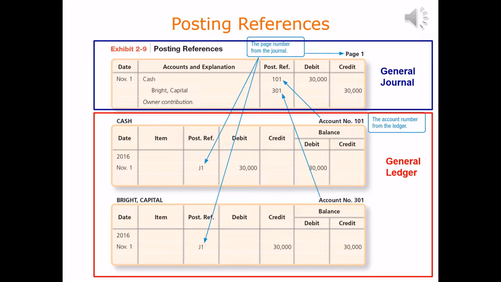We post the reference in our General Ledger Bright Capital account of J1, that is our journal page number 1, and we show that we have posted it by writing 301, which is our account number, back in the General Journal. That way, when we look both at the General Journal and the General Ledger, we can tell that it's cross-referenced and that we have posted it.